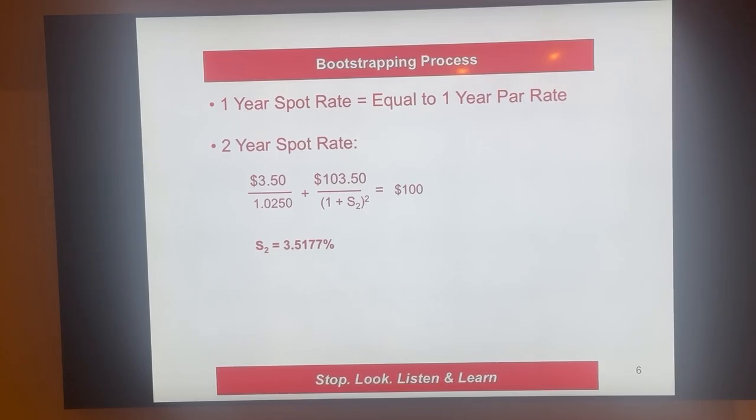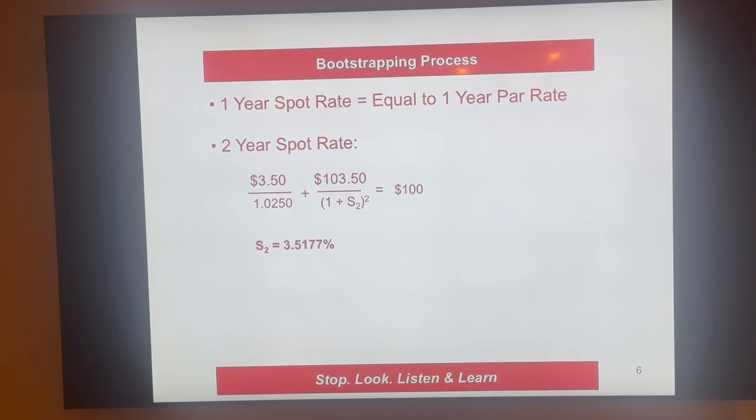And so what we want to do is figure out what the 2-year spot rate must be in order for this 2-year bond to trade at par, which would be $100. So we already know that the 1-year spot rate is 2.5%. So we'll take the coupon that we'll be receiving 1 year from now, which would be $3.50, and we'll discount that at the rate of 2.5%.